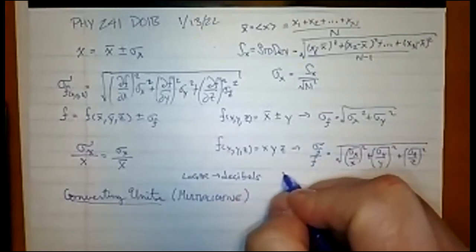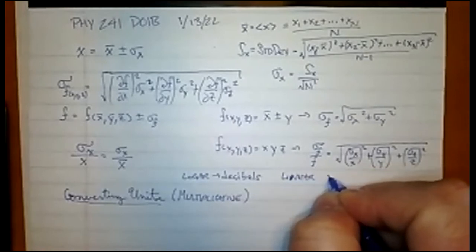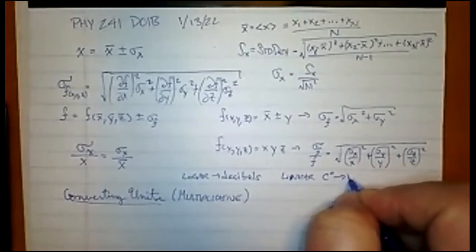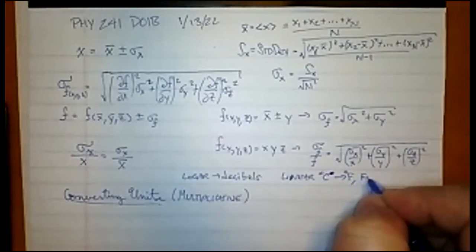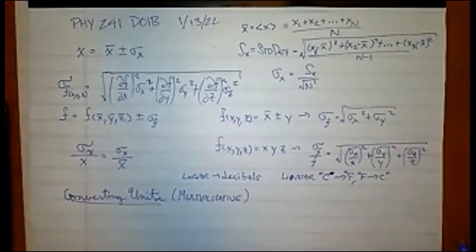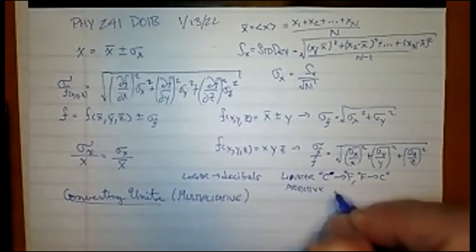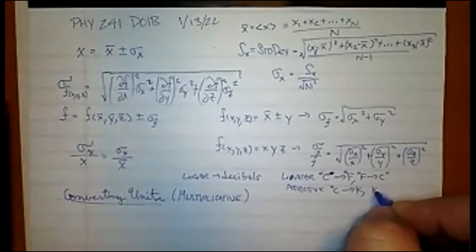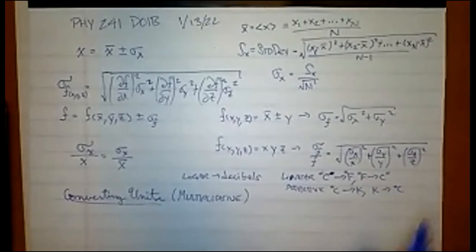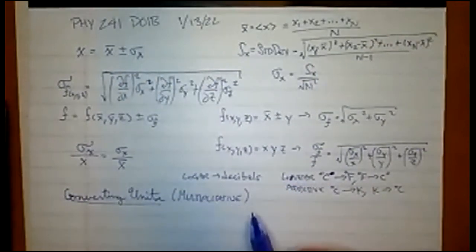The ones that are linear are like Celsius to Fahrenheit. I don't know why I put it, see over there, Fahrenheit to Celsius. And additive are like Celsius to Kelvin or Kelvin to Celsius. Okay, so those are the ones I'm ignoring right now by doing this. All the other ones we just do by multiplication.